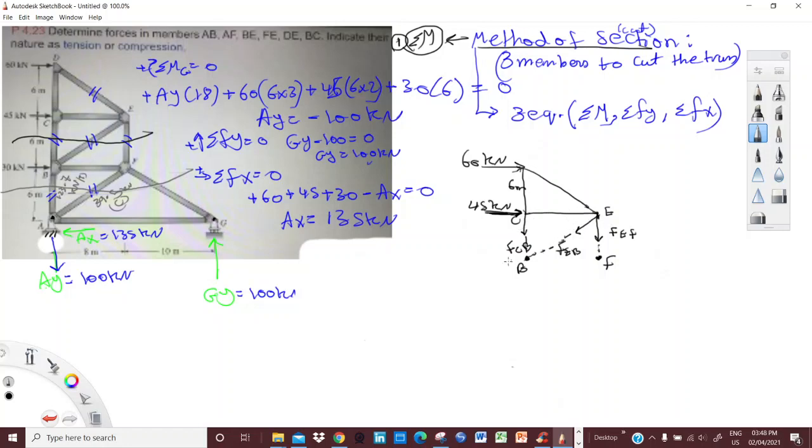If I need to find FCB, I need to start by finding the summation of moment at E equal to 0.